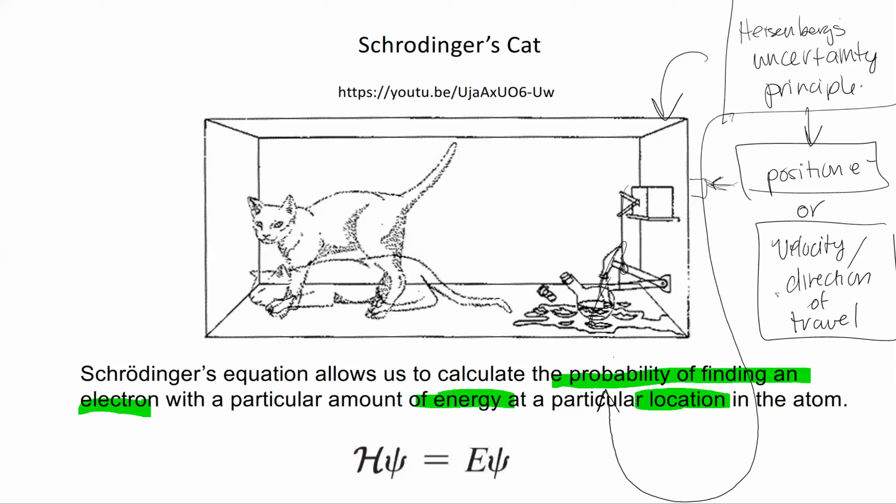All we can really do is figure out its probability of being in a position or its probability of traveling in a direction when it has particular energy. And so when we talk about atoms and understanding how an electron is behaving, we will always be talking about probability.